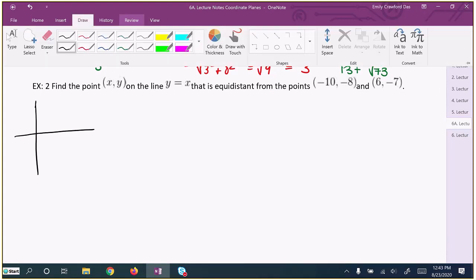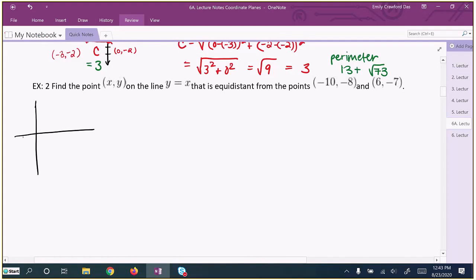So let's say this is -10, -8, and 6, -7. So just a very rough sketch here. I want to find a point on the line y equals x that's equidistant from these points.